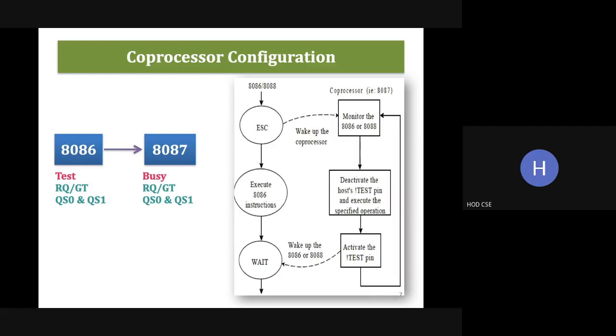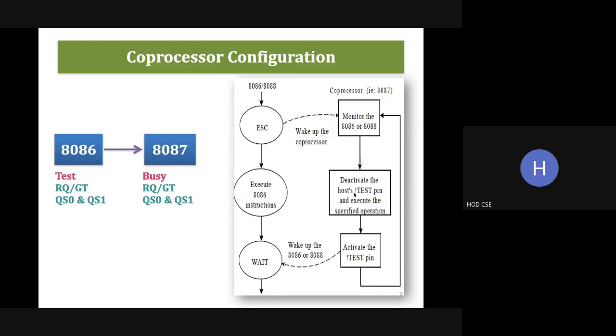All the arithmetic or logical operations will have the letter F added in front of them. When the 8086 is executing the instruction, it will identify it as a coprocessor instruction and give it to the coprocessor. In the opcode, every such instruction will have an escape prefix. By using this prefix only, the 8086 will identify it as a coprocessor instruction. Got it? When the 8086 finds this escape prefix in an instruction, it will be given to the coprocessor.